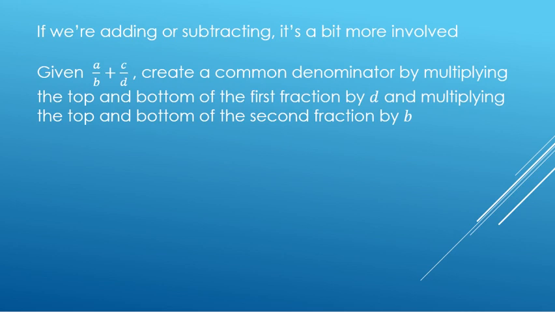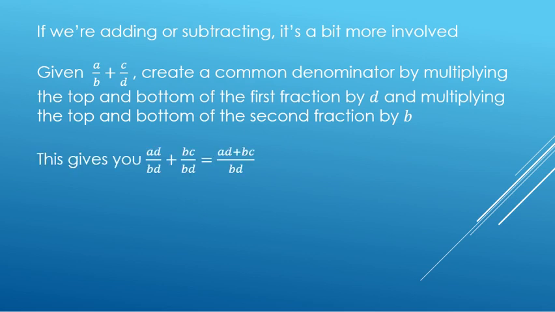It's a similar kind of thing if we are subtracting. We're going to create a common denominator between these two fractions. The way we're going to do that is multiply the top and bottom of the first fraction by d, and multiply the top and bottom of the second fraction by b.